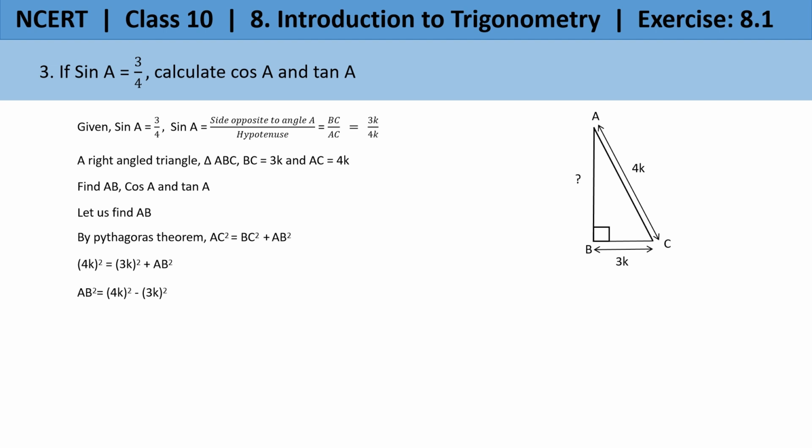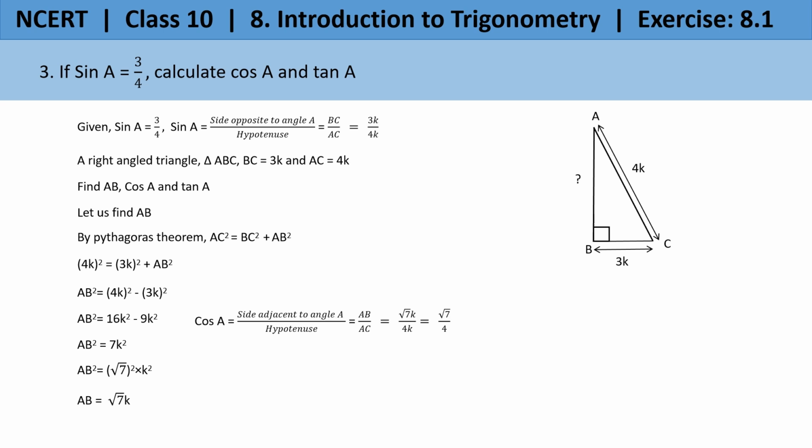AB square is equal to 4K square minus 3K square. AB square is equal to 16K square minus 9K square. AB square is equal to 7K square. AB square is equal to root 7 square multiplied by K square. Let us take square root on both sides of the equation. AB is equal to root 7 multiplied by K.